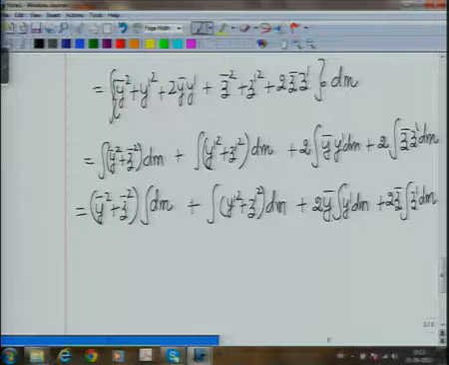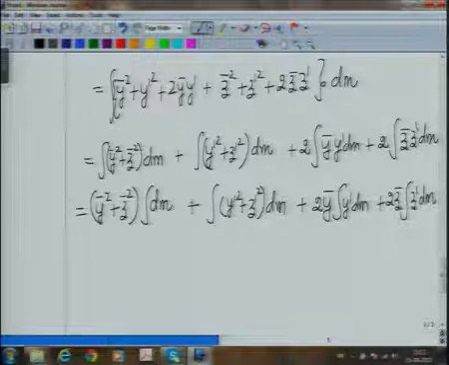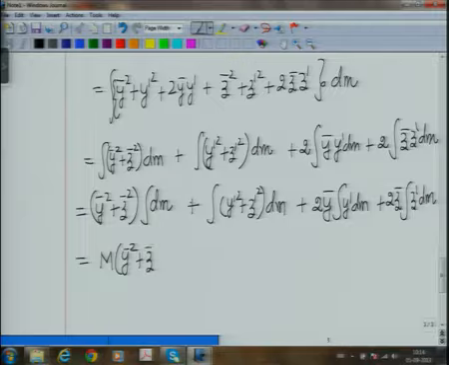Is that fine? So now, how do I simplify this? What does this become? The total mass times y bar square plus z bar square. So the first term becomes m times y bar square plus z bar square. What is the second term? It is Ix about the centroidal axis, the integral of y prime square plus z prime square dm.